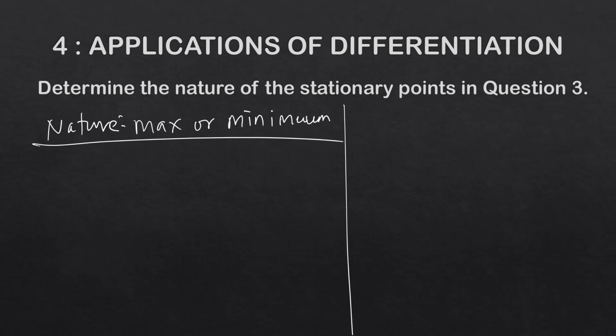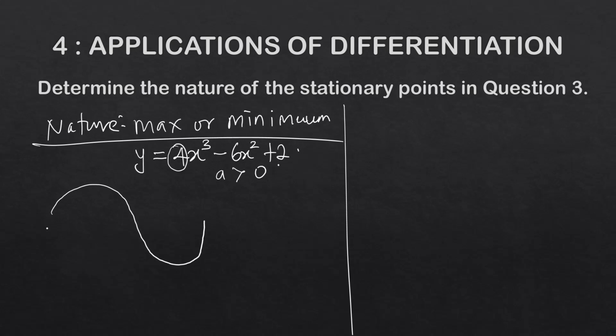If you look at this equation, 4x cubed minus 6x squared plus 2, since the leading coefficient is greater than 0, it's going to be like this. So you see, the nature is that there exists a maximum and there exists a local minimum.